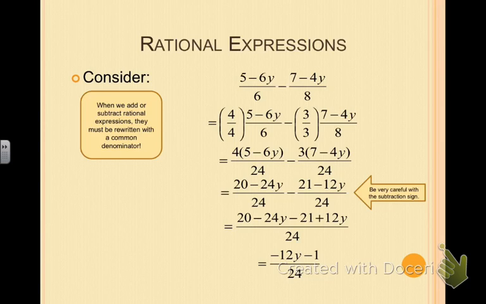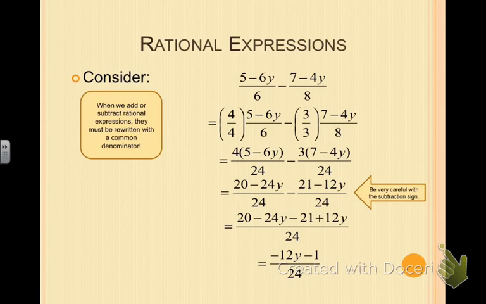Be careful to realize that you are multiplying 4 by the binomial 5 minus 6y and 3 by the binomial 7 minus 4y. This means we're going to have to distribute. This results in the binomial 20 minus 24y over 24 minus 21 minus 12y over 24.